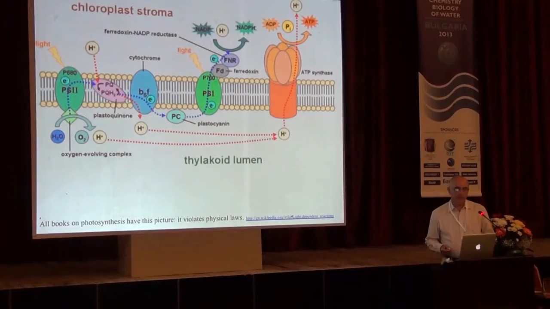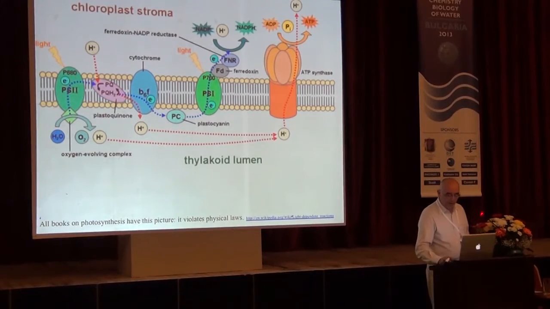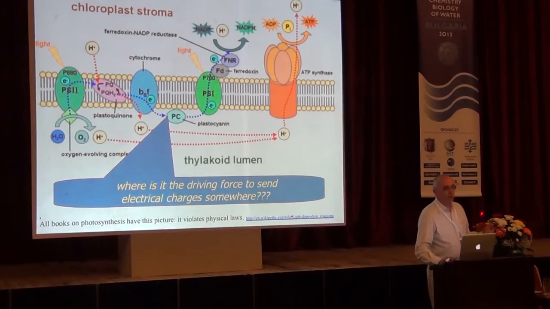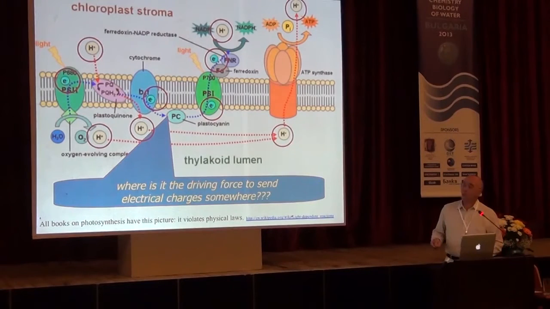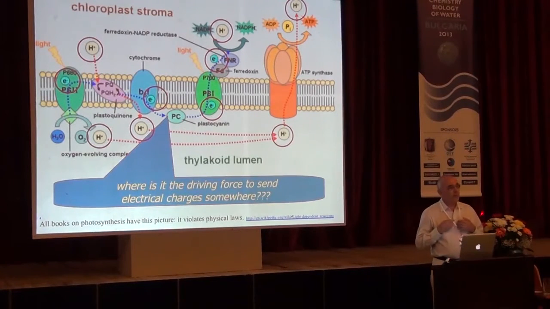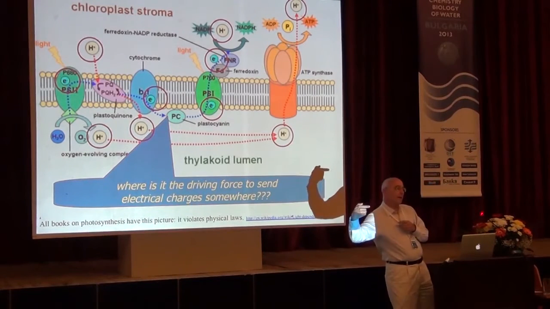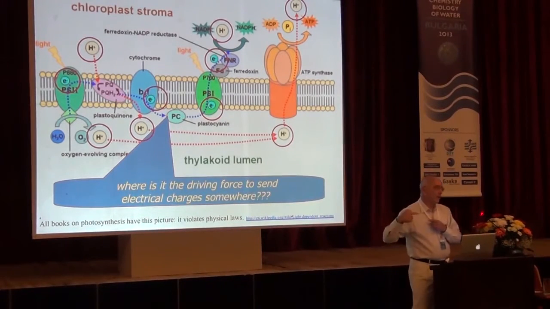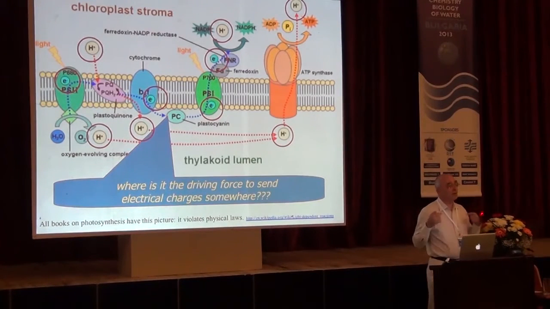Most of the books on photosynthesis show this picture where we have the sun coming here, and the photosystem 2, photosystem 1, and we have charges always going somewhere, like here, negative charge, positive charge, etc. For me as a physicist, if a negative charge goes this direction, I need an electric field in this direction, because if I accept it without this electric field, I mean the driving force, I'm violating physics, I'm violating nature.